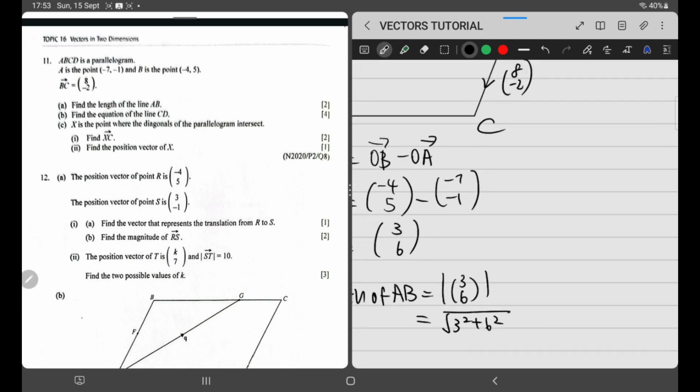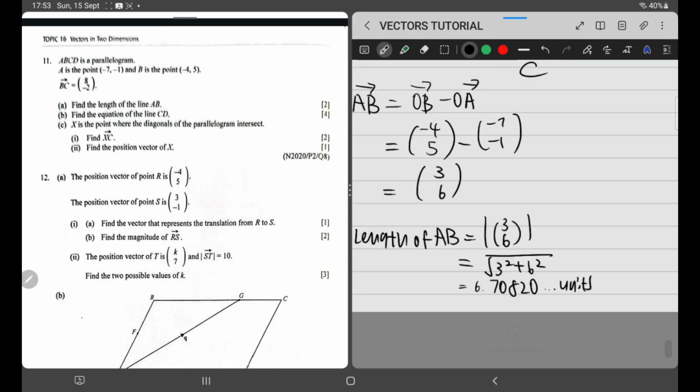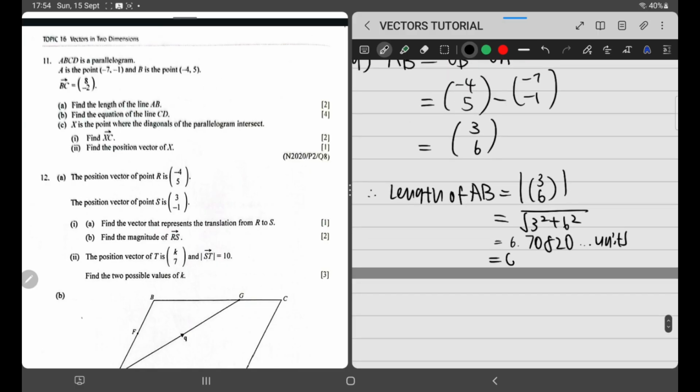I don't know why I wrote 7 here. I was wondering why I got 7. Therefore the answer is 3 squared plus 6 squared, square root it, you get 6.70820 units. Therefore, you get 6.71 units to 3 significant figures. Right, that's the length of AB.